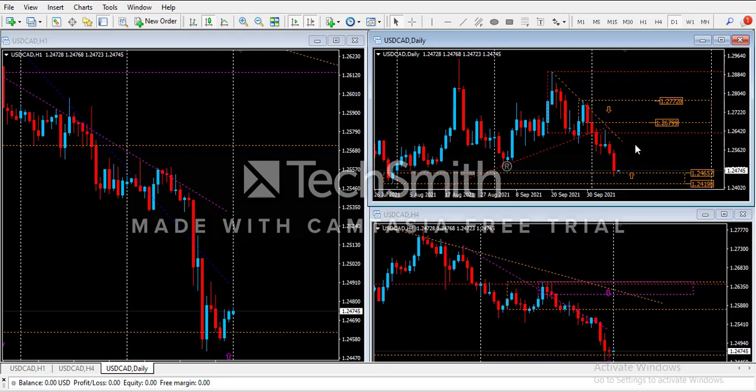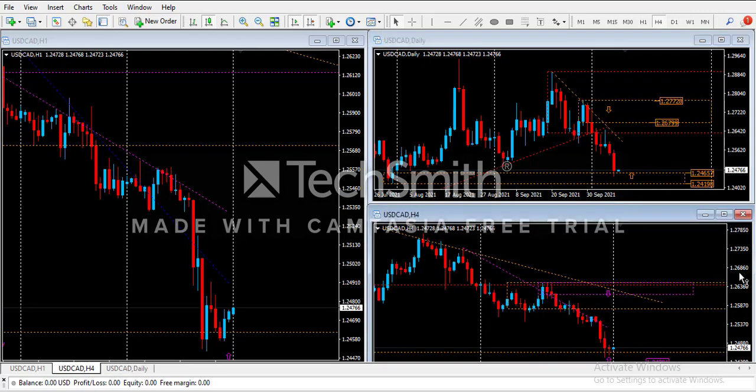And from the mentioned supply area, it's possible to develop a deeper downward trend after the changed tendency in the lower time frame.